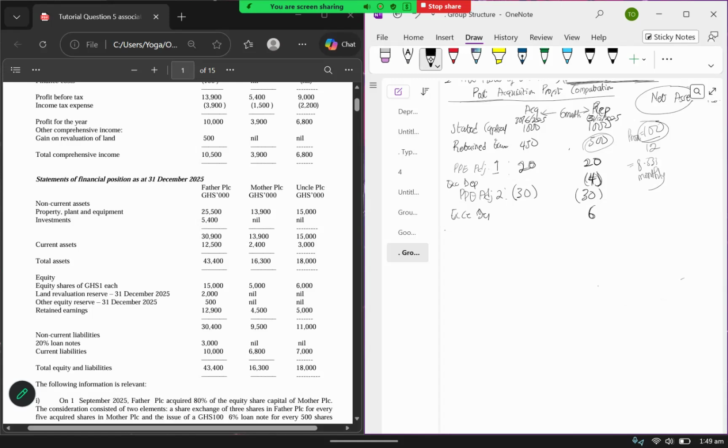So the unrealized profit that comes here, yes, I remember someone asking me this question, that the unrealized profit, which one has been coming here? Because he has been seeing unrealized profit one in here, and then sometimes we've been sending one to the group retained earnings. So the unrealized profit that comes in here is the unrealized profit with respect to the subsidiary.